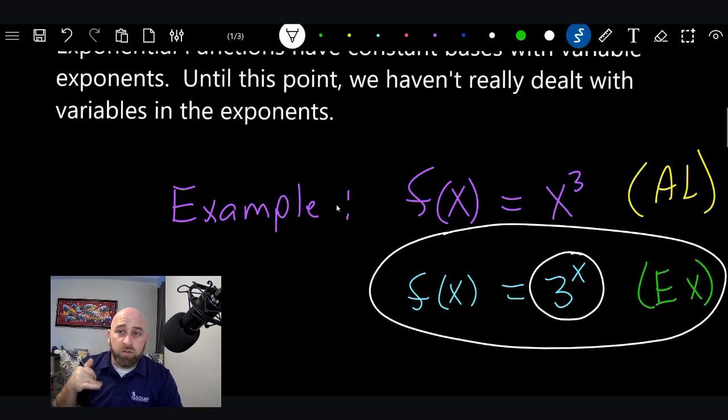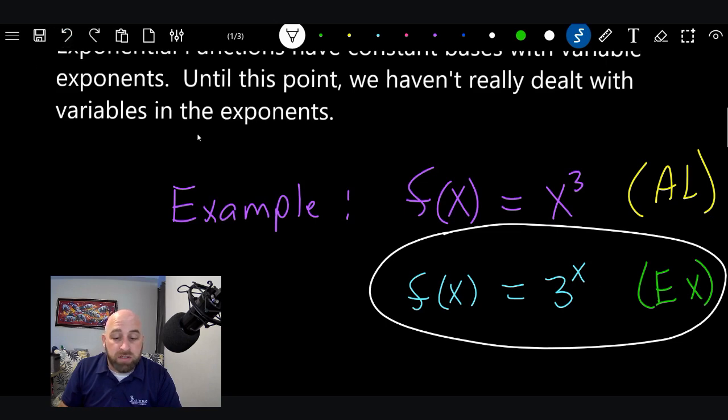In other words, instead of them giving us the exponent, we have to now find the exponent. If you think that might be somewhat complicated, you're right, so we're going to have to pay attention here and try to figure out how all of this works together.